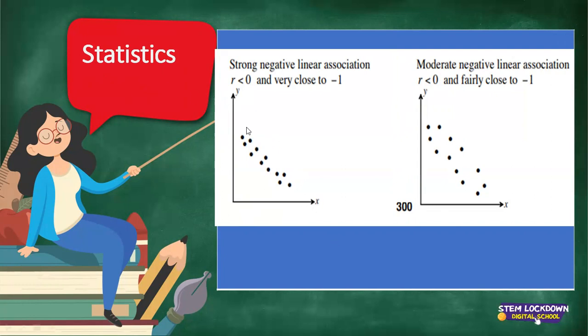And what does that mean in practice? It means as Y increases, it is more likely that X will decrease, and as Y decreases, there's more likelihood that X will increase. What we call inversely proportional.